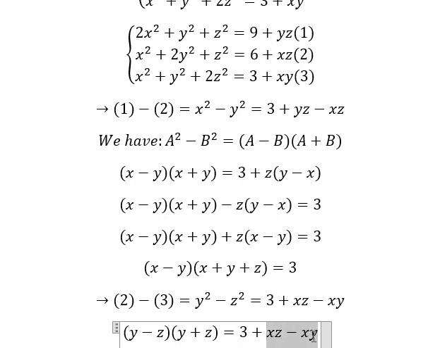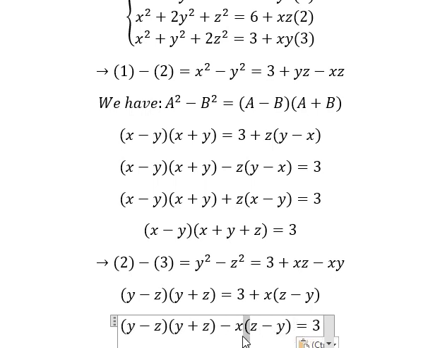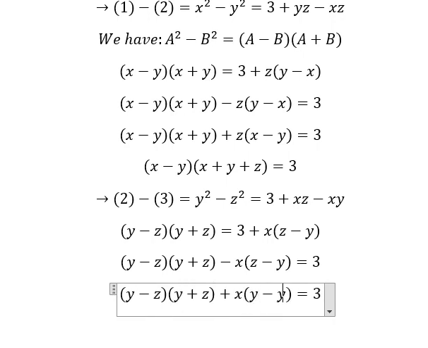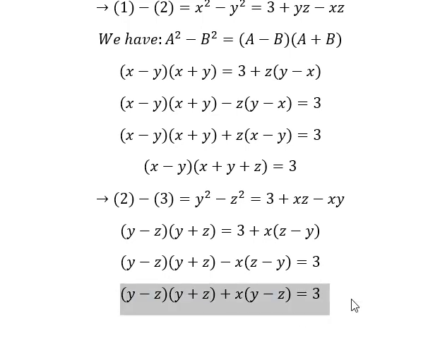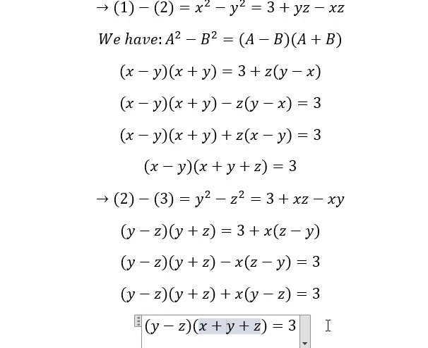This one, we can do factorization by s. Now, I will put this one to the left. Next, the negative will change the sign of this one. So we can do factorization by y minus z. So we have it like this. And we have the second equation.